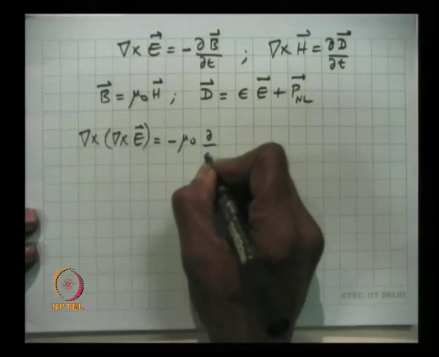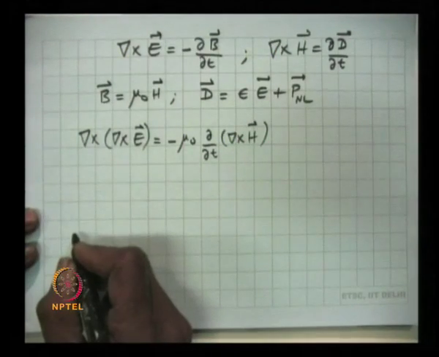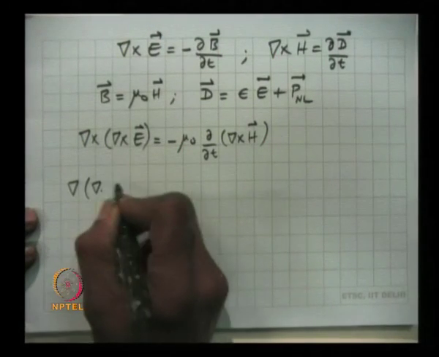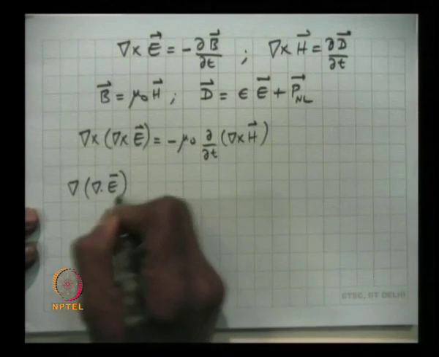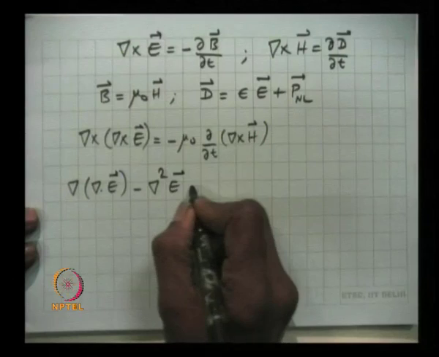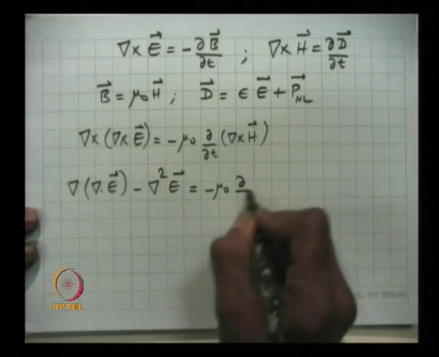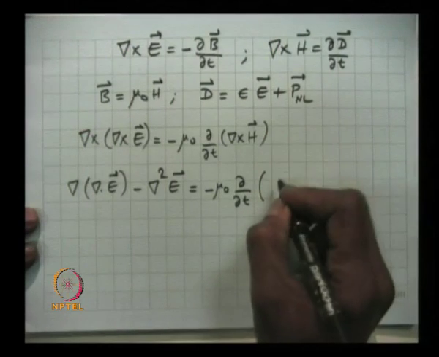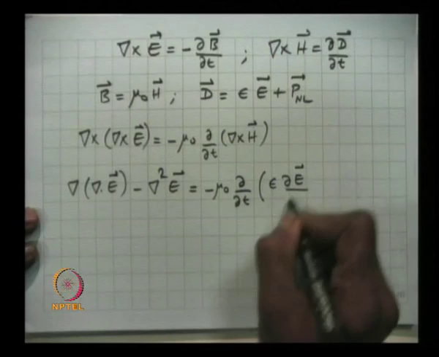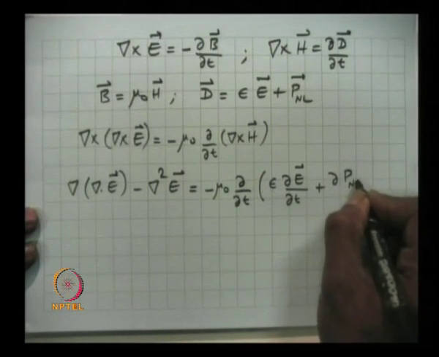So, I get del by del T of del cross H. The left hand side is gradient of divergence E minus del square E, which is equal to minus mu naught del by del T of del cross H, which is epsilon del E by del T plus del P nonlinear by del T.